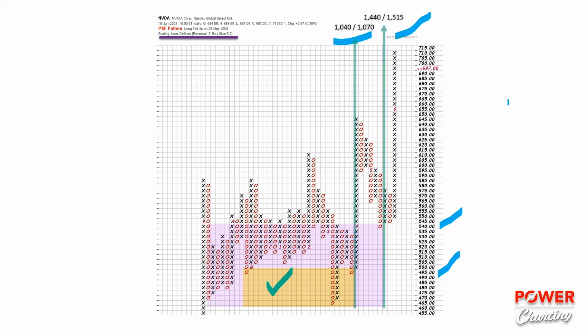So that is really, really close to having a multiple of three times the accumulation area at 545. Doesn't quite get there, but it's pretty close.